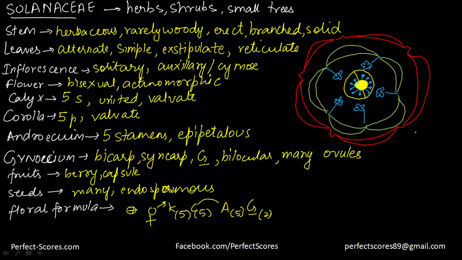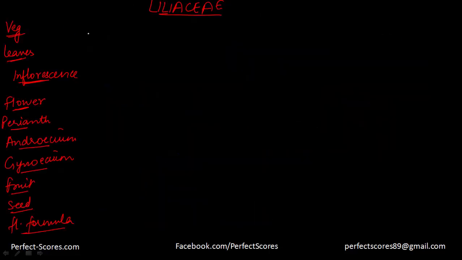And the next and the last family that we have to do is the lily family, Liliaceae. So I've already put down the characteristics, and usually most of the plants in this family are monocotyledonous plants and they're found everywhere. The vegetative characteristics are that they are perennial herbs, herb-like plants, and they have underground bulbs or corms or rhizomes.